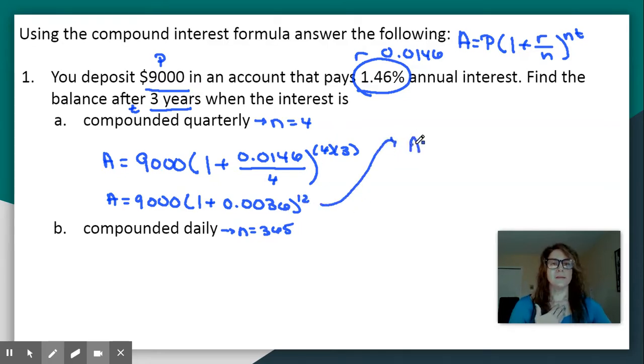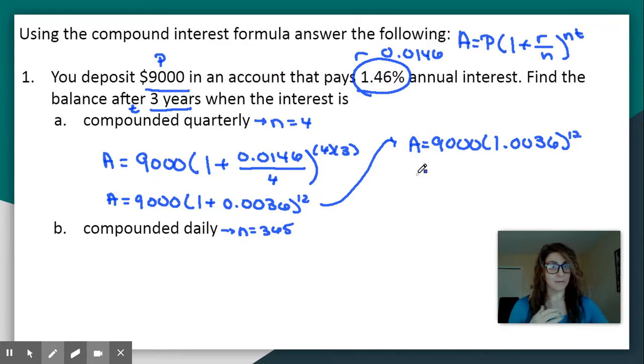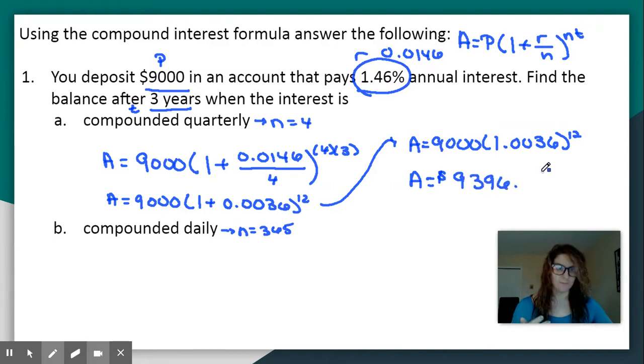And then you can put that in your calculator. You can add the 1 to it. This is a little bit easier to put in the calculator than that whole long thing. So it's just my suggestion for you to chunk it down, do it in pieces first. And when you put that in your calculator, you're going to get about $9,396.59.